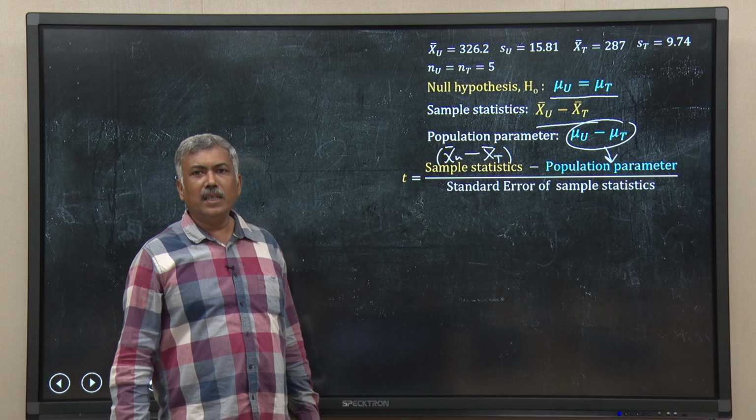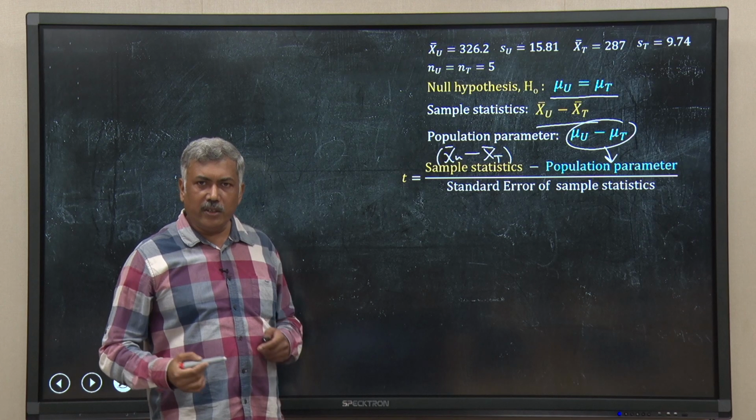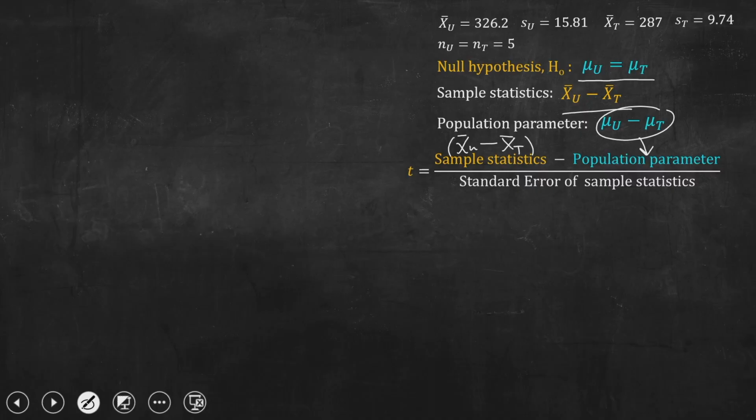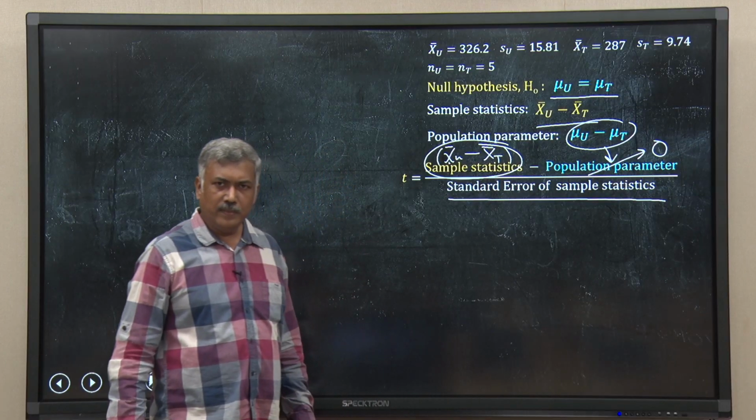The population distribution is the same for untreated and treated groups, so their means are identical. That means this population parameter, the difference in mean at population level, must be equal to 0. So, I am left with only two terms, x u bar minus x t bar, divided by the standard error of the sample statistic, meaning the standard error of this difference.